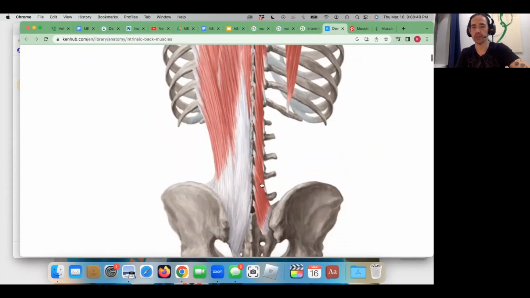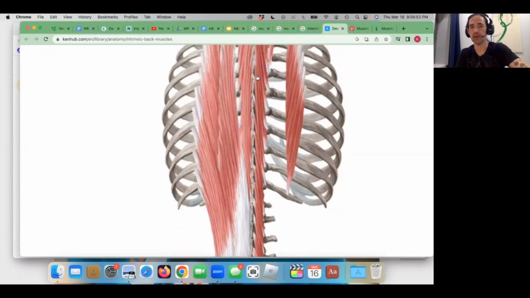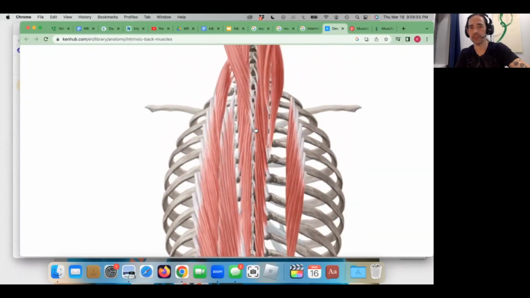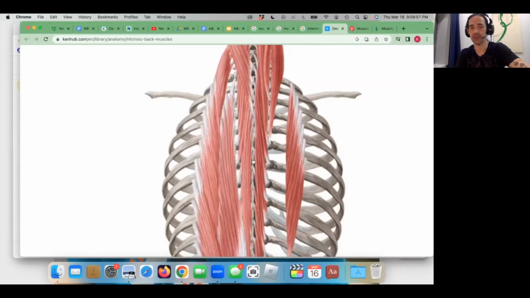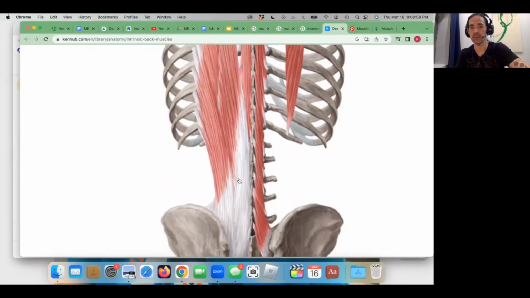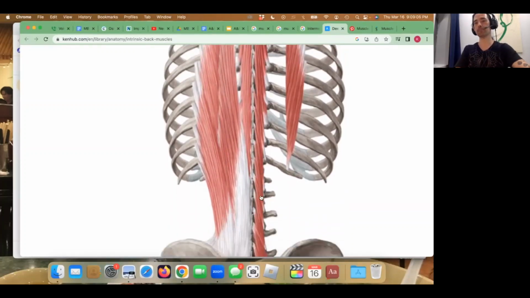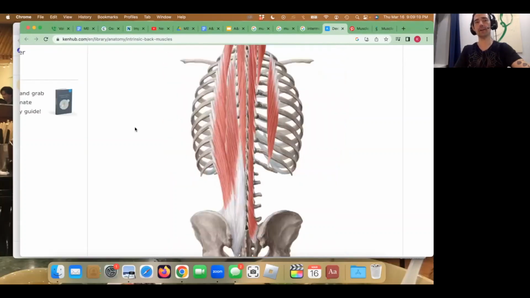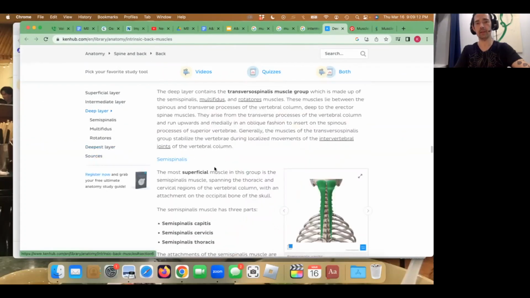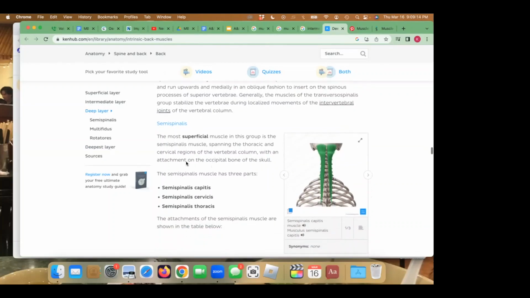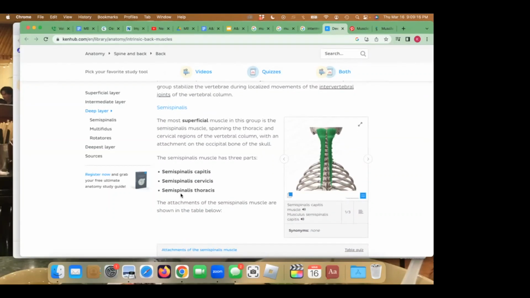If we look at the deep muscles, oh, these aren't labeled. Okay, so here we have the multifidi muscles. The rotatores are deep to the multifidi, but they are part of the deep muscle group. And then you have the iliocostalis lumborum, which is above that, part of the I love sex. So you have the multifidi, the rotatores in the deep layer, and the semispinalis muscles.